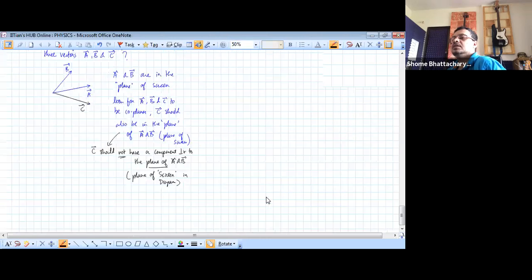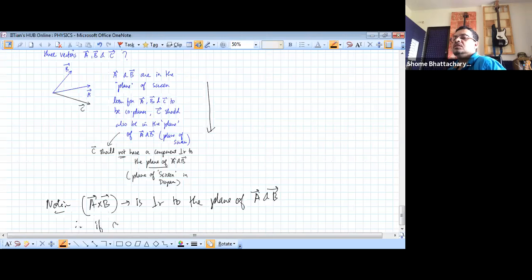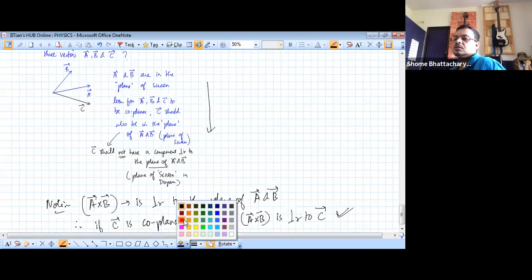Of vectors A and B. Okay. So therefore, if C is coplanar to A and B, then that implies that A cross B is perpendicular to C. So this is the condition that we use to solve the problem. Okay. So just note down this condition. This here becomes the condition for coplanarity of three vectors.